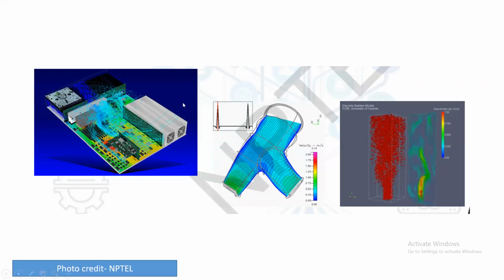You can see this image, the flow pattern inside the motherboard. By that you can optimize the location of your chips and ICs, the internal circuit, your processor. So it has been used there.